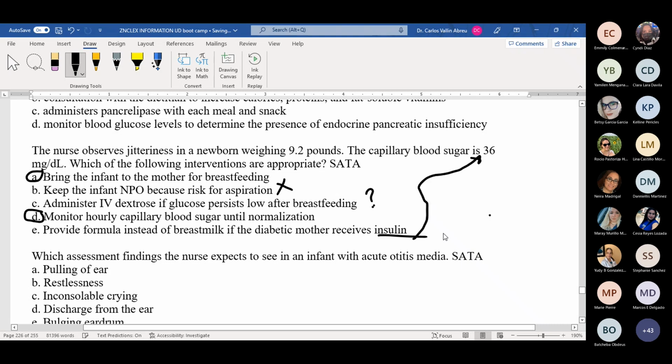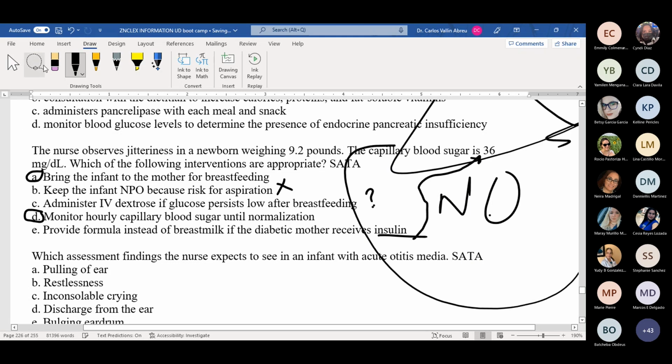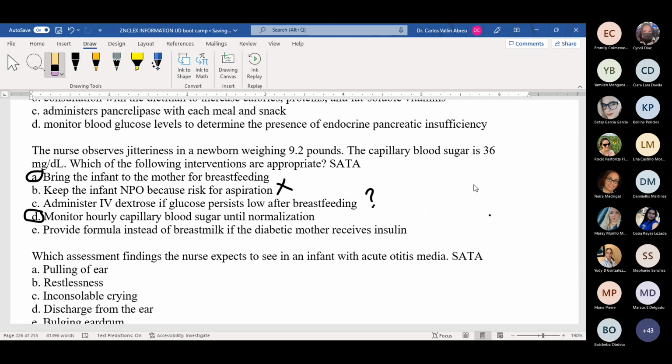No. Insulin is not passing to the breast milk, so the diabetic mother receiving insulin can breastfeed.